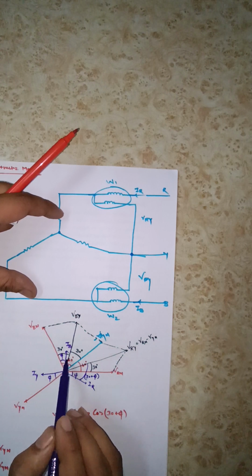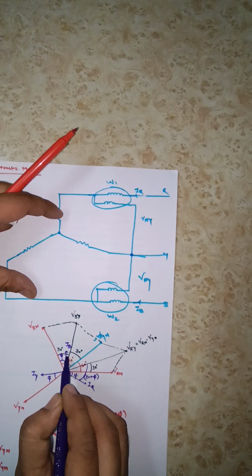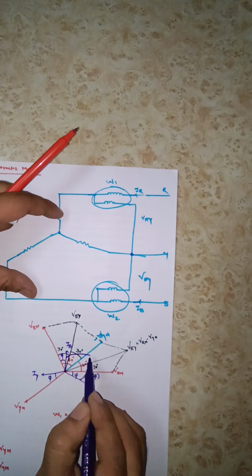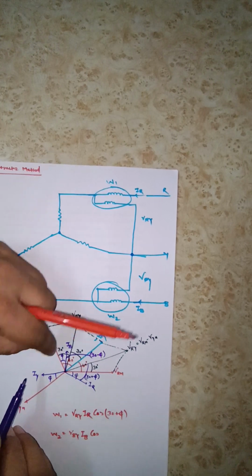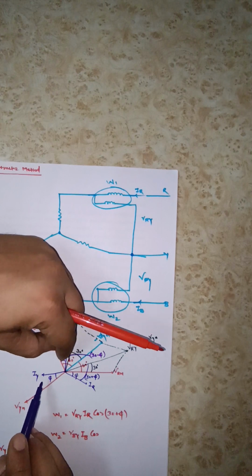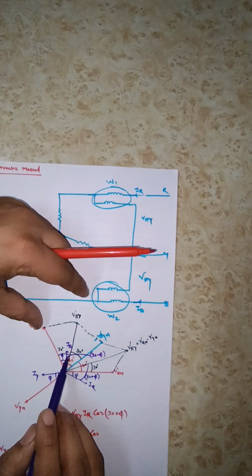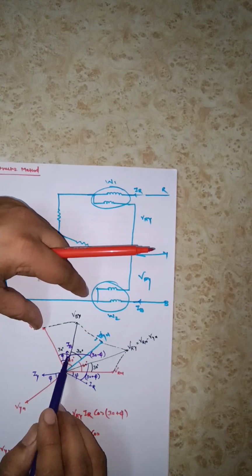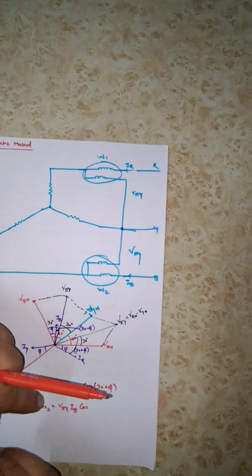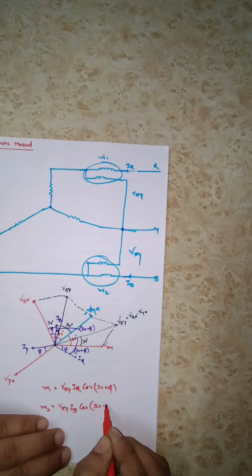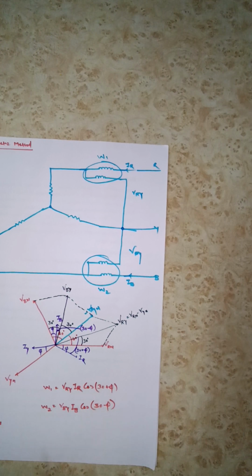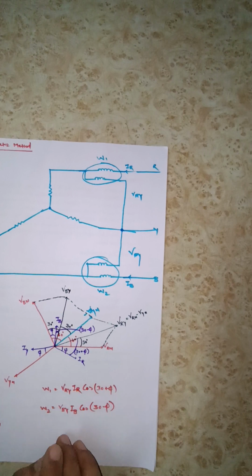So this small angle will be equal to what? This angle will be equal to 30 degree minus phi, because this whole angle is 30 and this small angle is phi. So the difference, 30 minus phi, will be this angle. Clear? So you need to learn this thing, cos 30 minus phi. So these are the readings of W1 and W2.